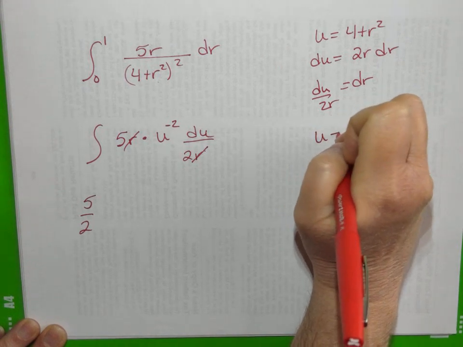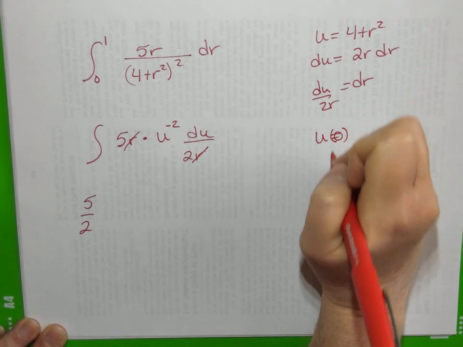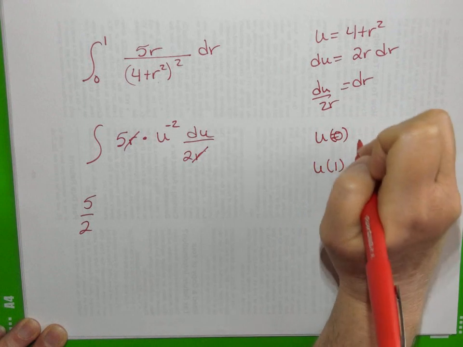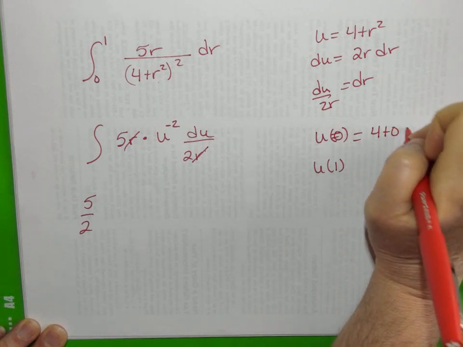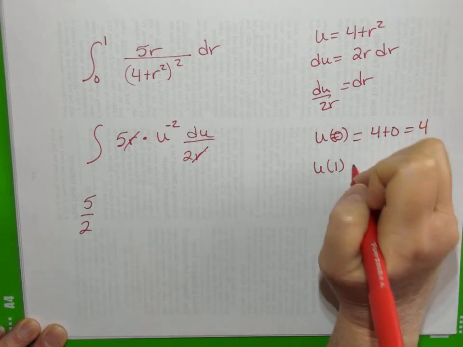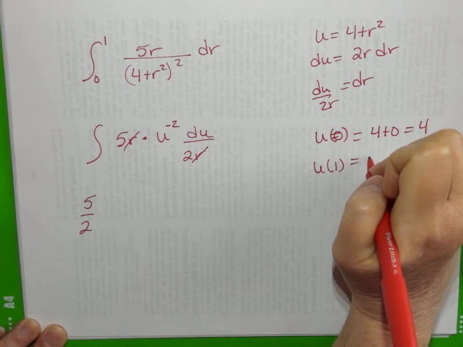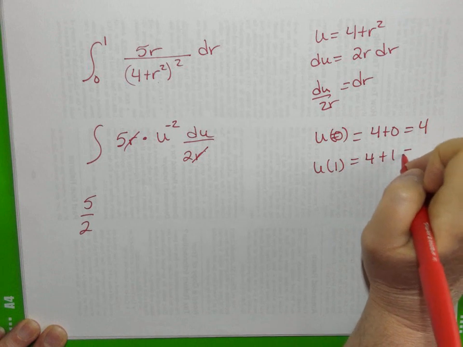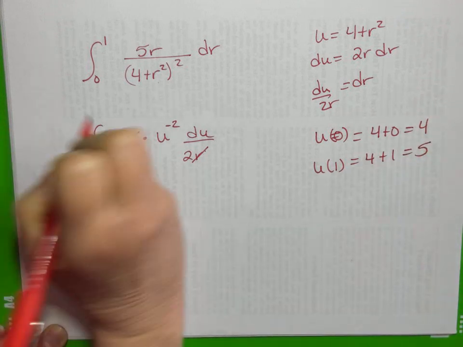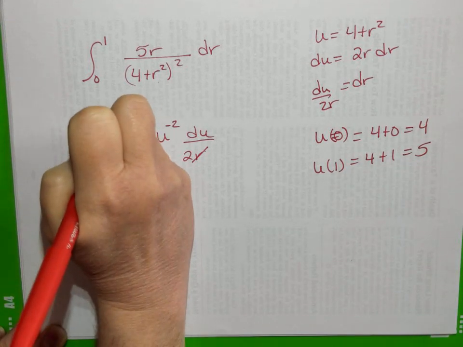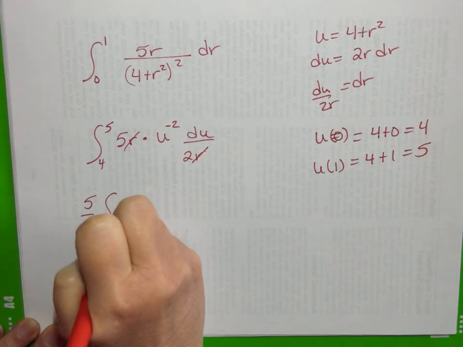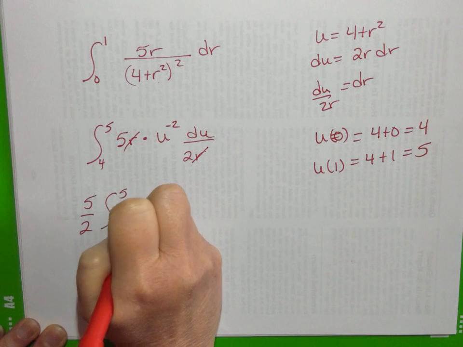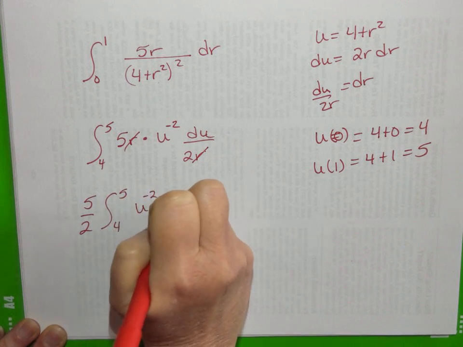So u of 0, and I have to do u of 1. U of 0 is 4 plus 0, or 4, and u of 1 is 4 plus 1, or 5. So I'm going from 4 to 5. So I think I can do that. 4 to 5 of u to the -2 du.